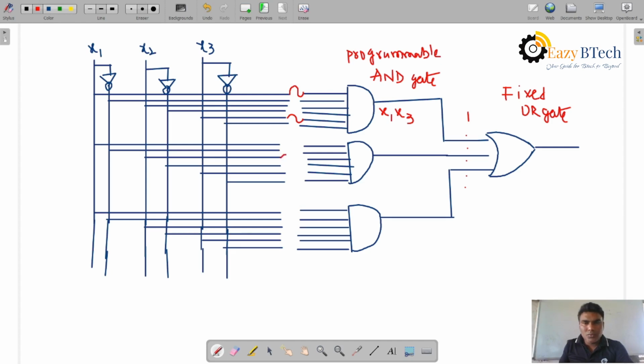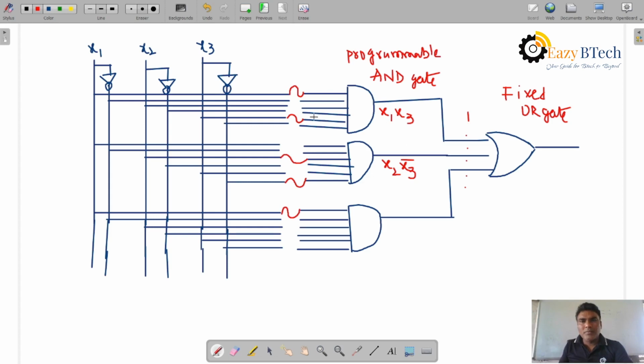This is x2, x2 and x3 complement. So the product term is x2 and x3 complement. Let us take x1; anyone we can take the connections, and according to that, the fuse connections.